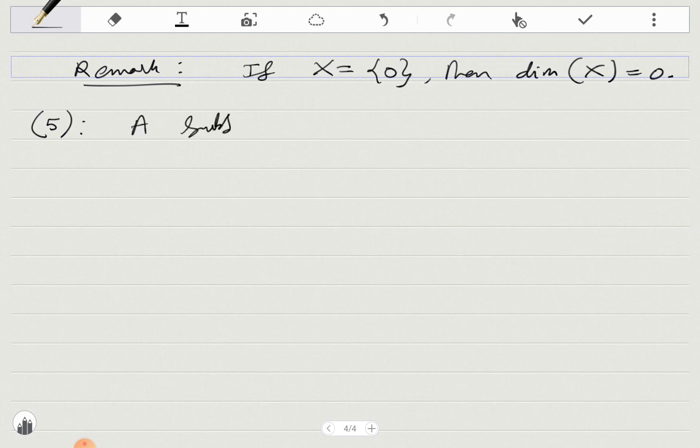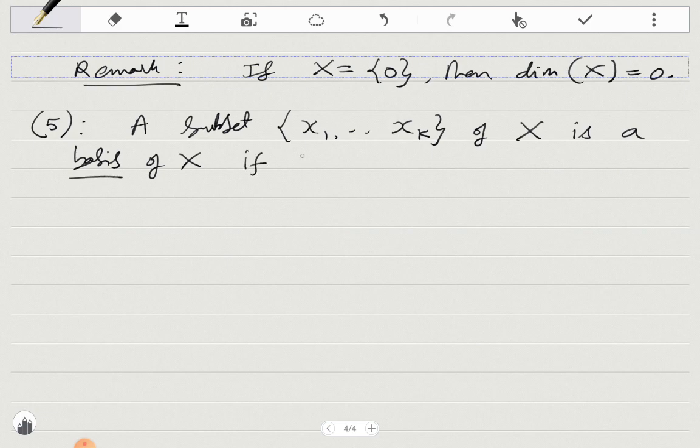A subset x1 to xk of X, where X is a subspace, is a basis of X if, let's call this subset S, S is linearly independent and S spans X. In other words, the spanning property amounts to saying that every element of X is a linear combination of x1, x2, up to xk.